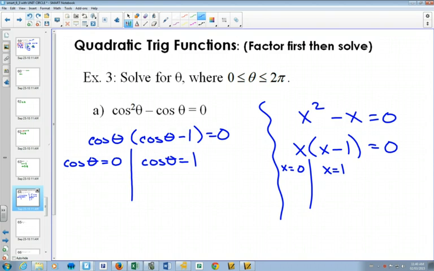But now we ask ourselves, is the x-coordinate, because cos is your x-coordinate, ever 0 on your pie plate? Yes. Okay. This part of the question says we're looking one full revolution around in the positive direction. When is the x-coordinate 0?